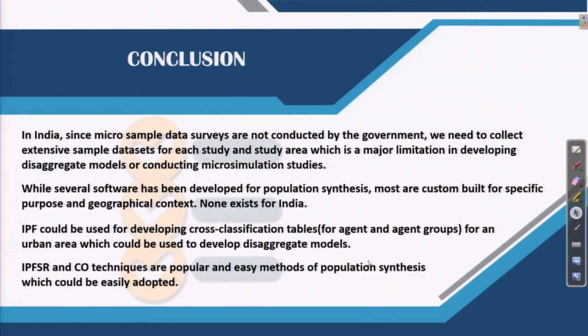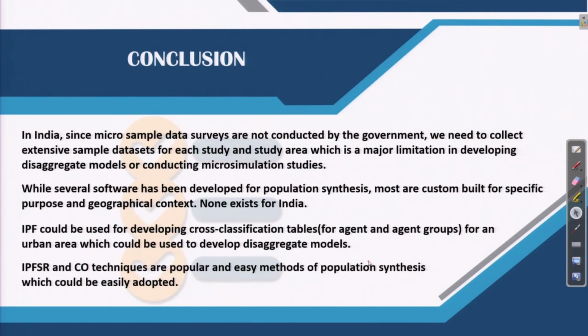Then while several software packages have been developed for population synthesis, most are custom built for specific purposes and geographical contexts. None exists for India, so we need to develop this kind of software so that we can adopt microsimulation procedures, or we can do detailed land use transportation models where we can use disaggregate models.